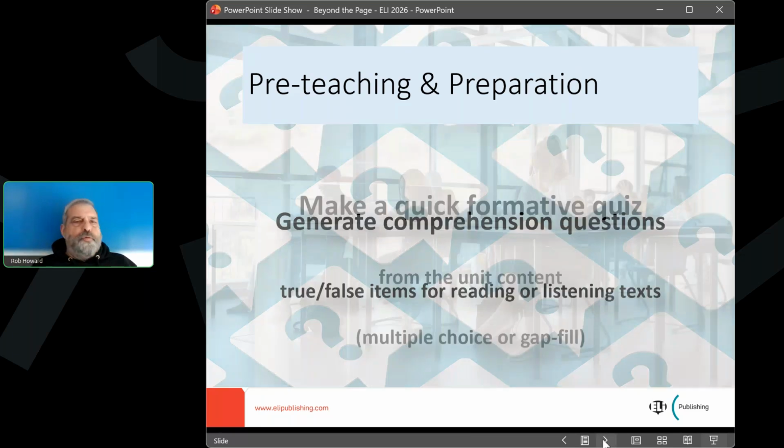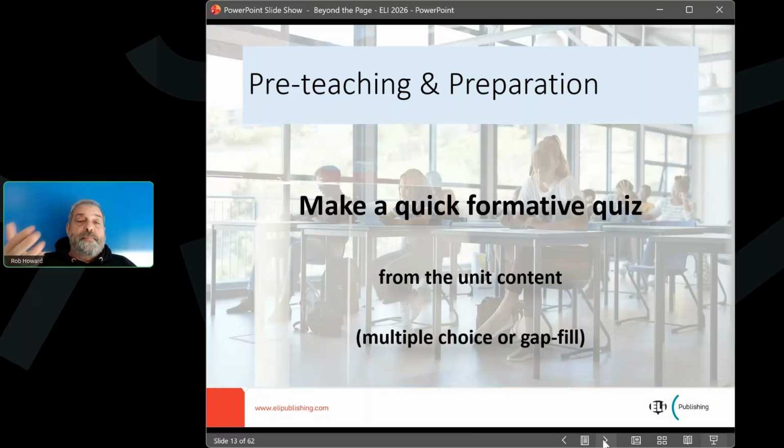And make formative quizzes. Take the content, whether it be gap fill or multiple choice, and make additional quizzes that you can give the class based on all the course material that you've already covered from the chapter. And this will give you a good idea if there's anything you need to go back to.